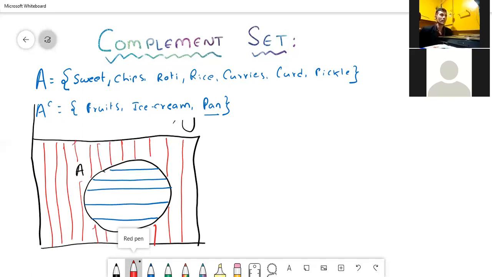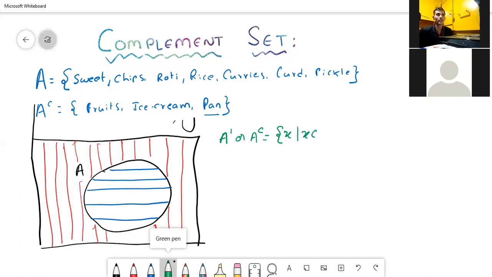So A complement, how can we define it? A complement is denoted by A dash or A superscript C. It is defined as {x such that x belongs to the universal set and x does not belong to A}.